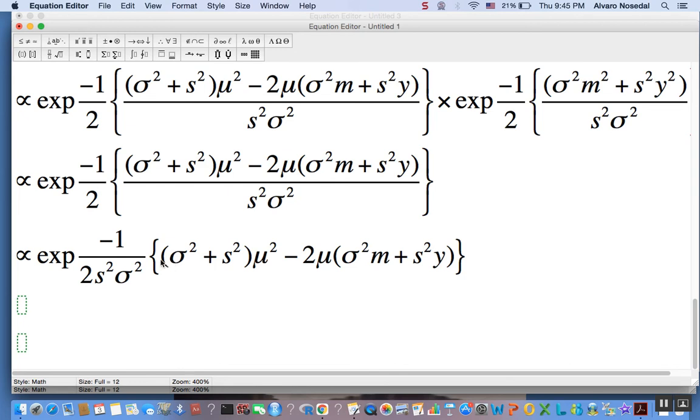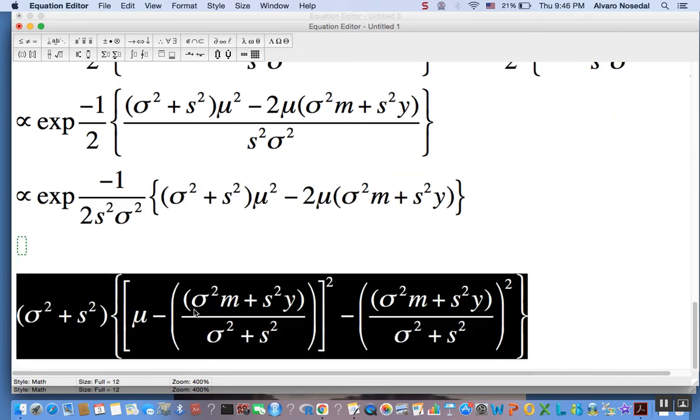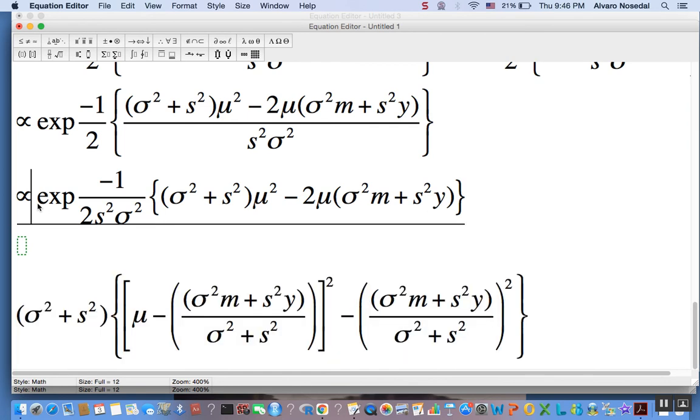So instead of this, we will have this inside our curly brackets, and we will have this exponential, right?